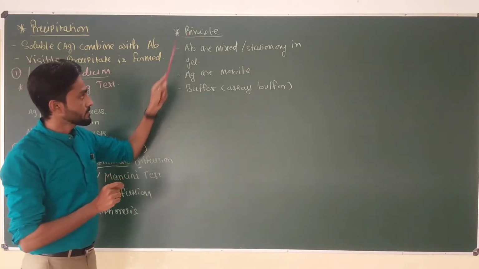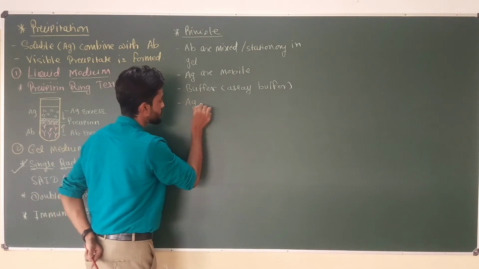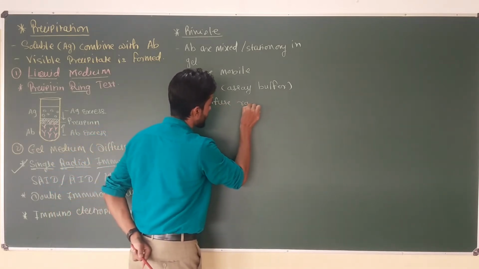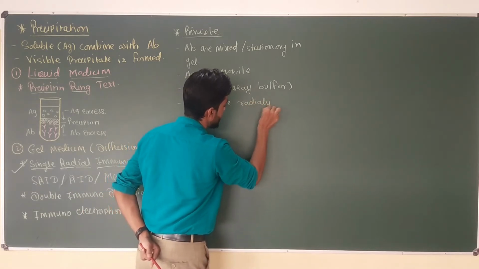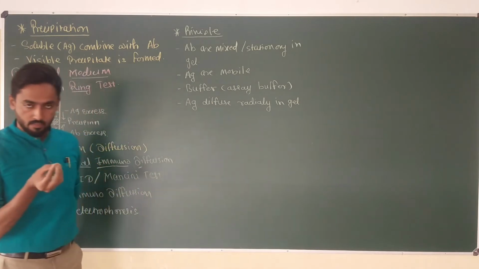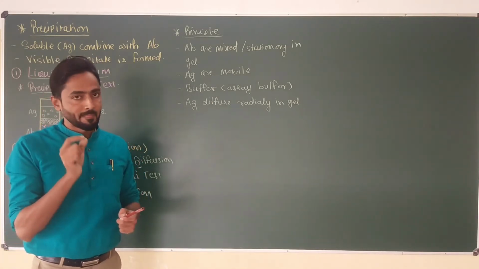Okay, now in case of single radial immunodiffusion, antigen diffuses radially in the gel, and due to diffusion of the antigen, a circular precipitation ring occurs in the gel.